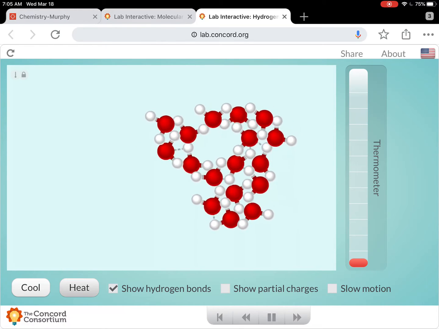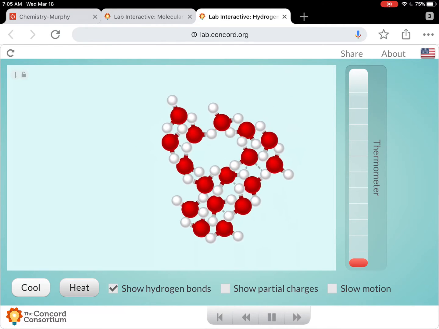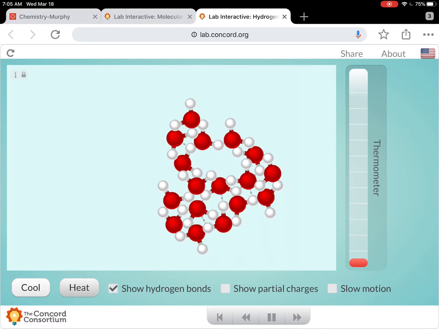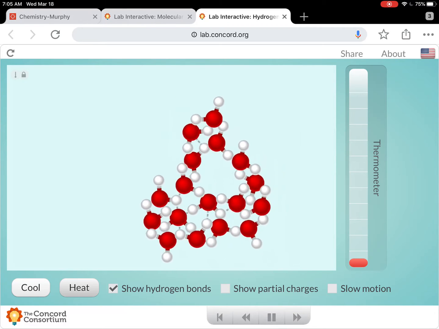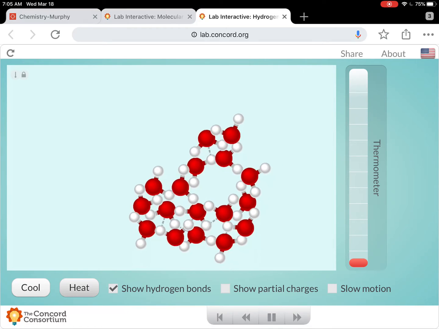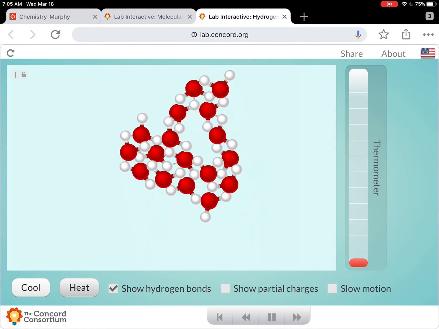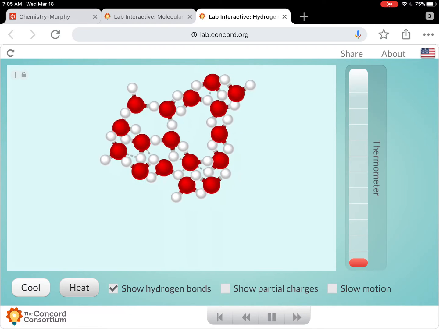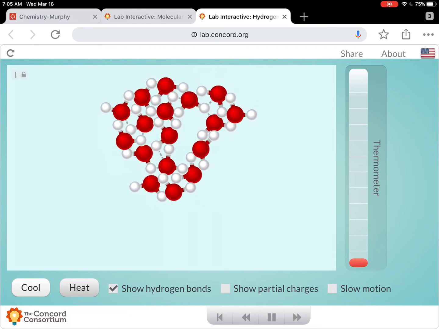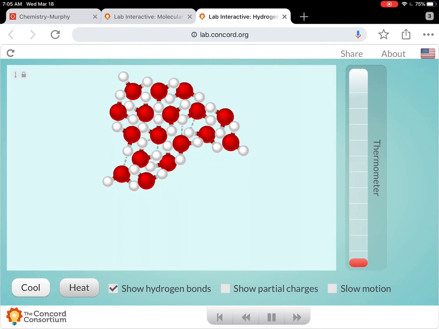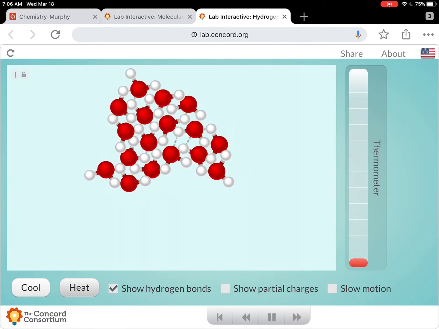Again, we're in the gas law chapter, so think about it: do you think gas law formulas will work with liquids or solids? The answer is no. So we want to keep these in the gas phase.